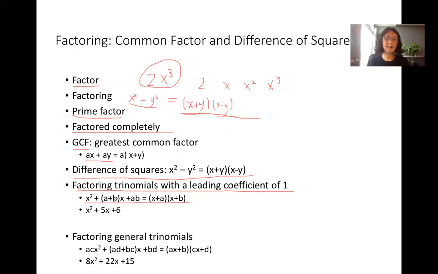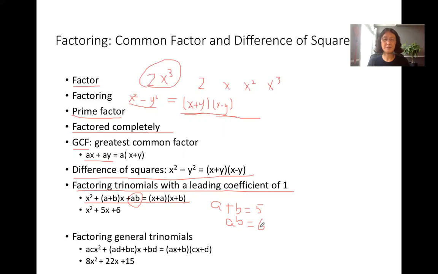And the same numbers a and b, if you multiply them together, become the constant, a multiplied by b. So let's look at an example. Factor x squared plus 5x plus 6. Based on this formula, we need to find what a and b are, such that a plus b equals 5, and a multiplied by b equals 6. The question is, what are those a and b?